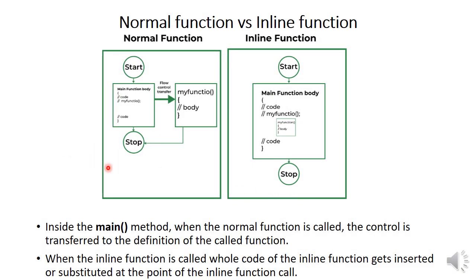So we have two diagrams, where the first diagram shows a normal function and the second diagram shows an inline function. We are going to see how these two functions are executed or compiled by a C++ compiler.